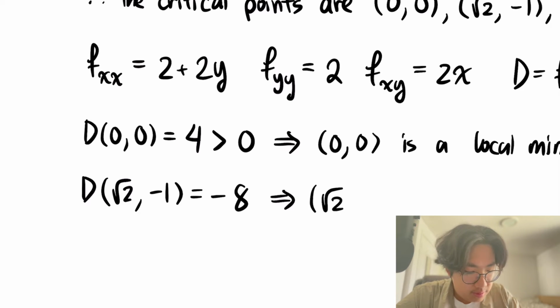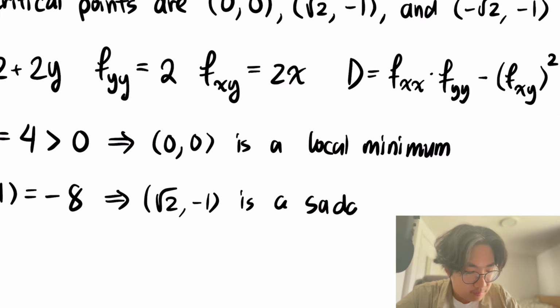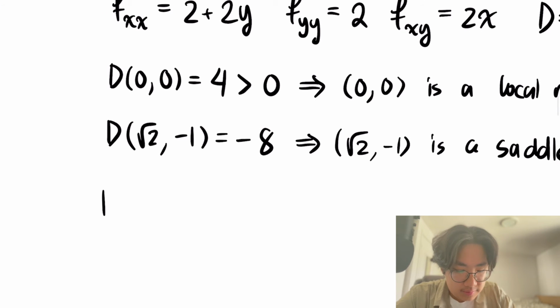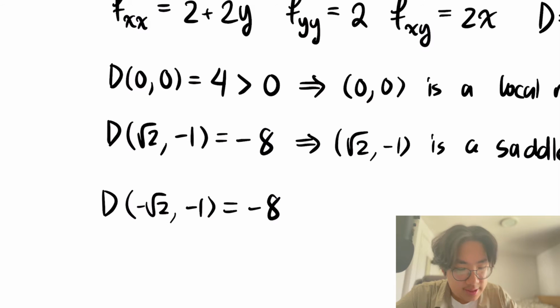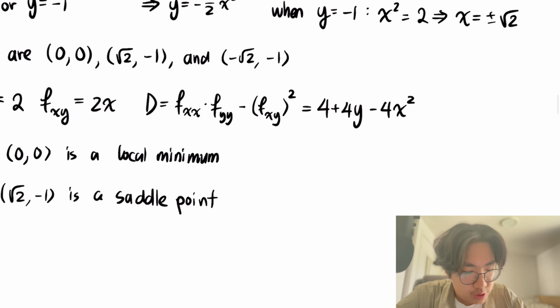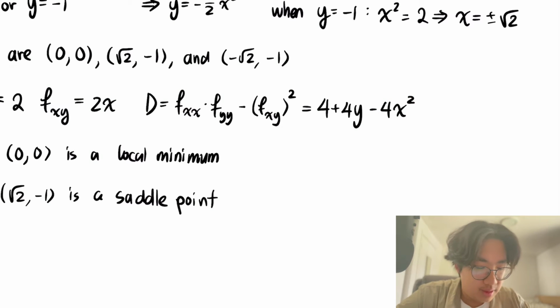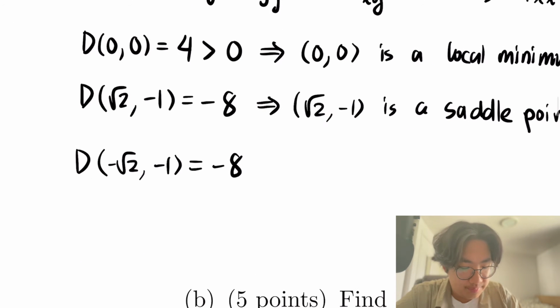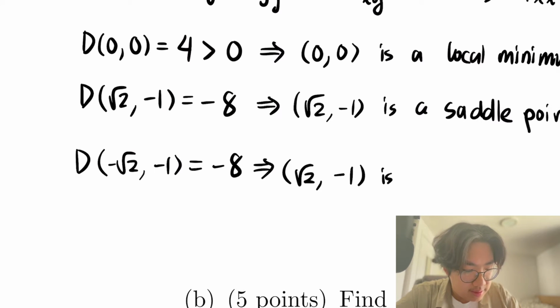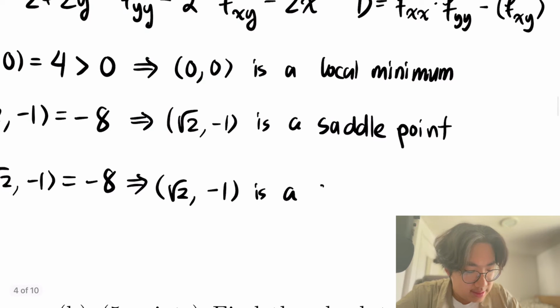So root 2, negative 1 is a saddle point. Next, for negative root 2, negative 1, I'll just tell you that it's also equal to negative 8. You can verify that, but you're squaring negative root 2, which will still give you 2, and then 2 times negative 4 will still give you your negative 8. This then tells you that negative root 2, negative 1 is also a saddle point.